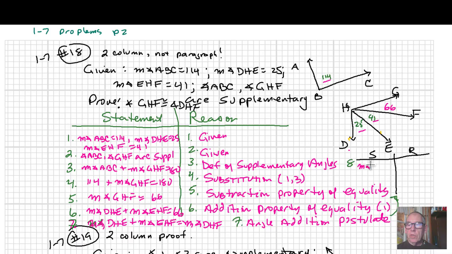Measure angle DHF equals 66. That's substitution. And what was that substitution between? That was between steps 6 and 7.